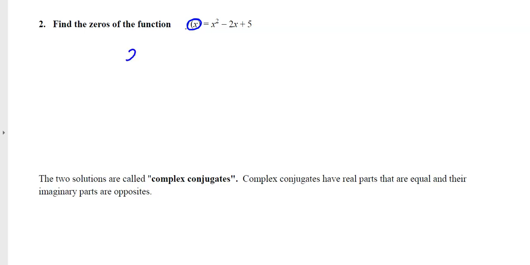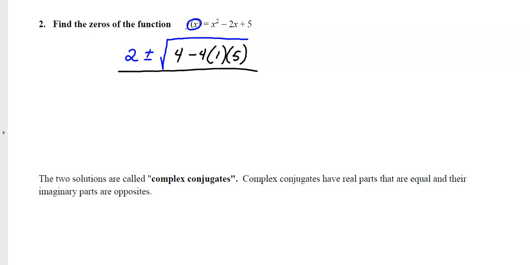So we have negative b plus or minus the square root of, here comes the discriminant, b squared minus 4 times a times c, all over 2 times a. All right, cleaning that up, we get 2 plus or minus the square root of 4 minus 20, which is negative 16, all over 2.